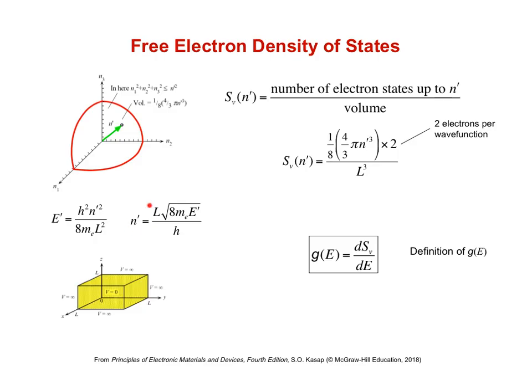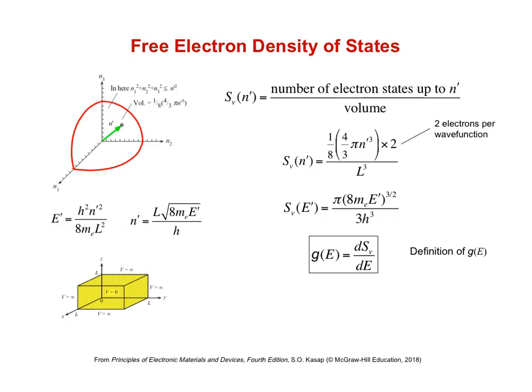When we plug our quantum number into our number of electron states up here, we will cube it, which will give us an L cubed to cancel the volume term below. This gives us a pi over 3 from up here. The h cubed comes from cubing the h down here. Then 8 m times energy to the 3/2 power, where the 3 comes from the cubing of the energy quantum number up here, and the 1/2 power comes from the square root in the relationship between energy and the quantum number.